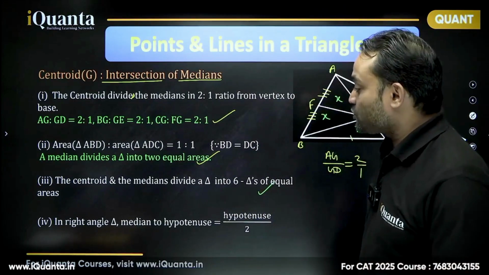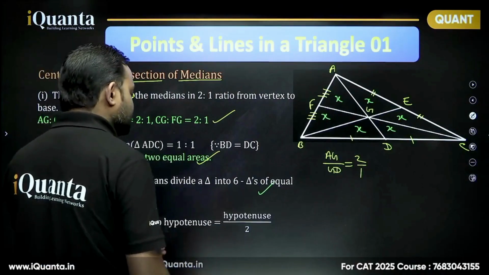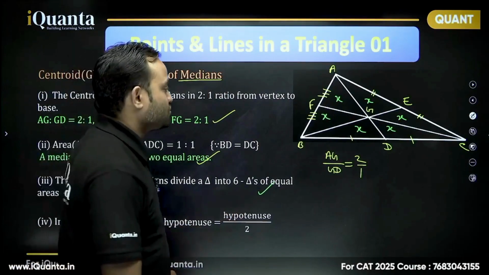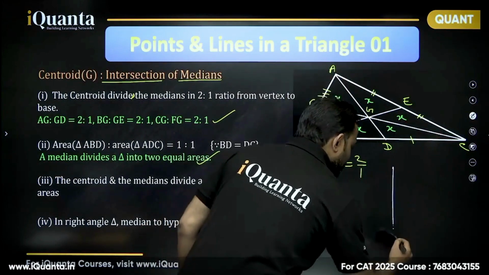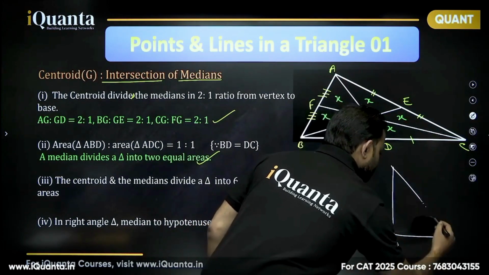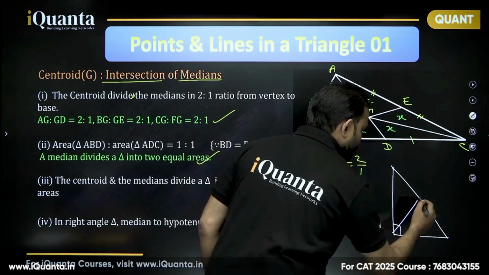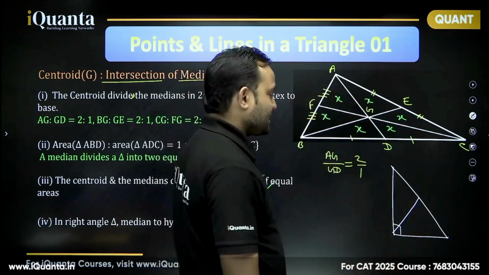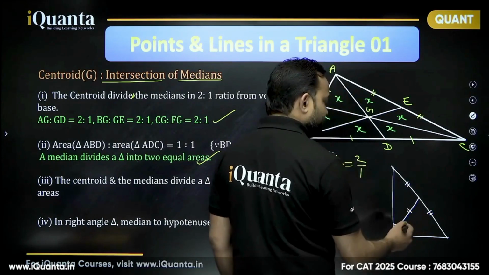Now, the fourth one, it says in right angle triangle, median to hypotenuse is equal to hypotenuse upon 2. What does this mean? Let's see. So there is a right angle triangle, something like this. So if I draw a median to this right angle triangle, then all these 3 lengths will be equal.